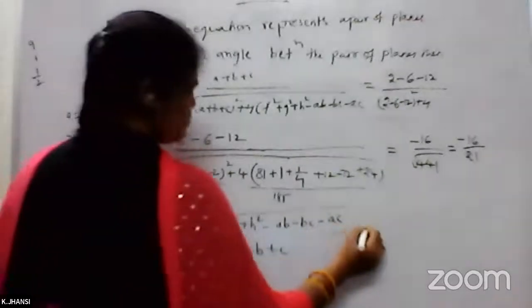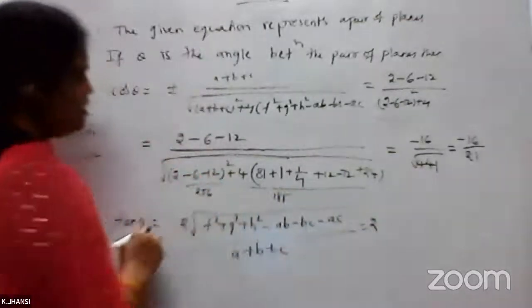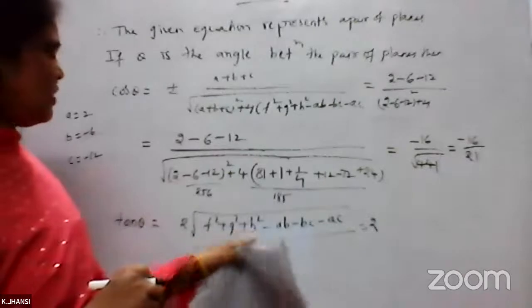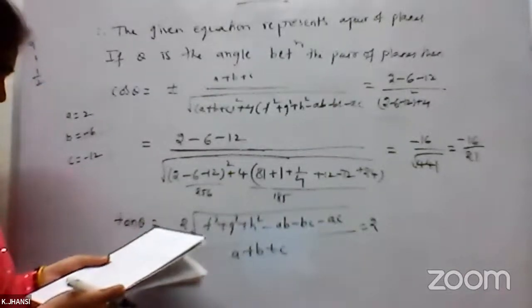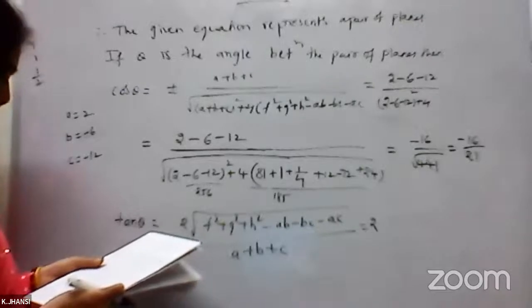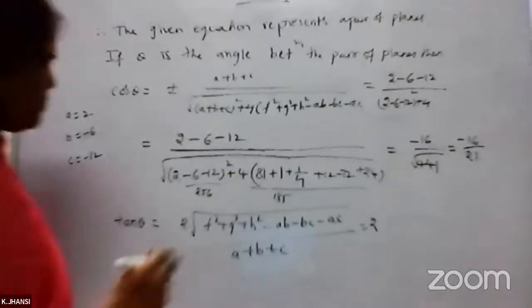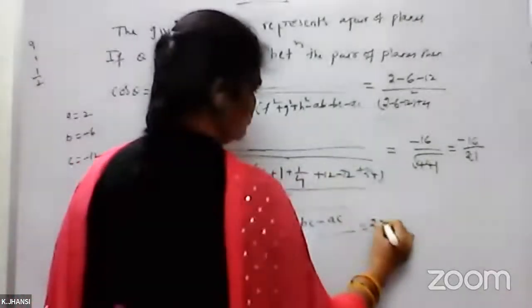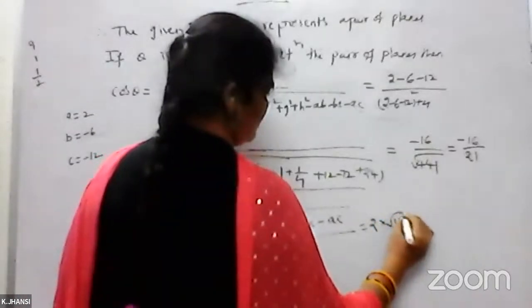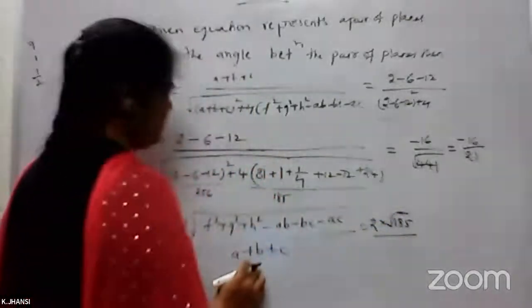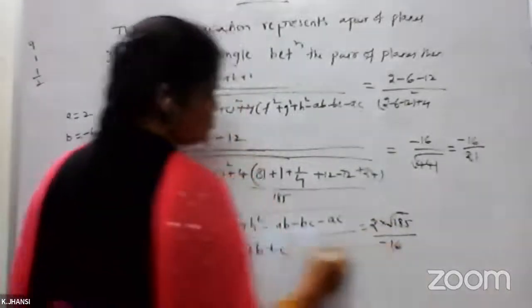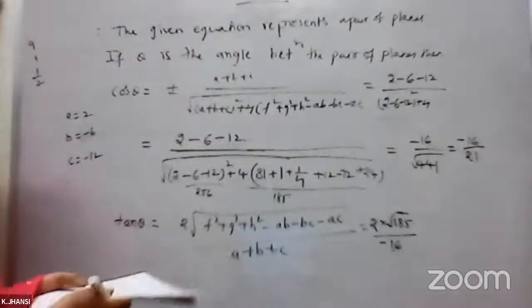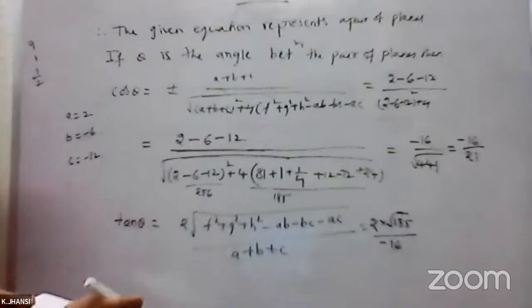So x square plus z square plus h square means this value you will get. This is 185 into root 185 by, in the denominator what you will get, minus 16, means 2 8 times root 185 by 16.